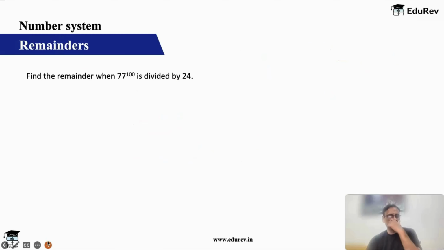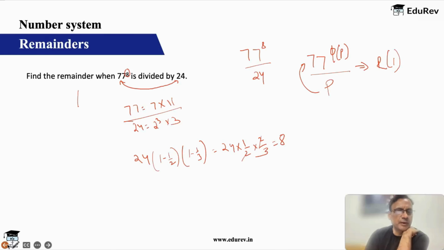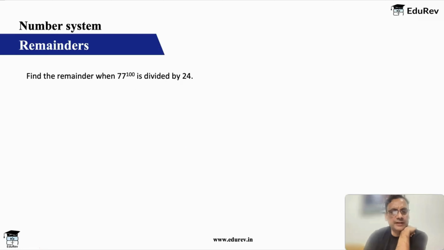Okay, let's look at one more, very similar to the previous question. It was 77 to the power 8 divided by 24. Here it is 77 to the power 100 divided by 24. I have taken the same example to show you that the fundamental condition, that n and p should be co-prime, is one condition that you can't bypass.